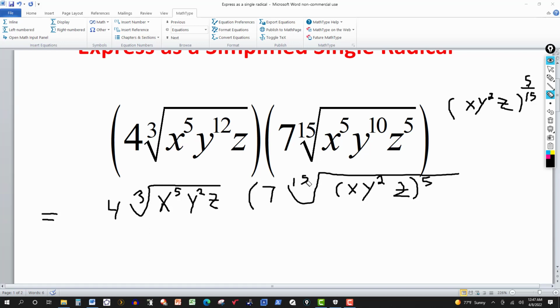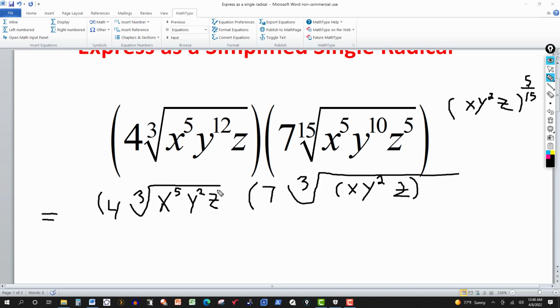So in my next step, just to save some time, I'll just do this. And this will become a cube root. So this reduced from a 15th root to a cube root. Now we're in business.